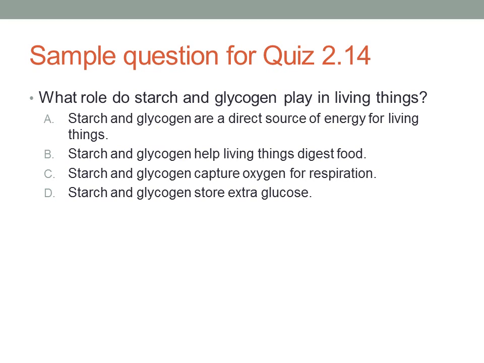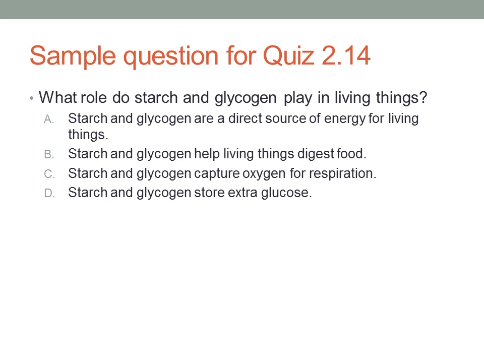So here's a sample question directly from quiz 2.14. What role do starch and glycogen play in living things? A, starch and glycogen are a direct source of energy for living things. B, starch and glycogen help living things digest food. C, starch and glycogen capture oxygen for respiration. Or D, starch and glycogen store extra glucose. So we know that B and C are not correct because we never talked about digestion or respiration when it comes to starch and glycogen.